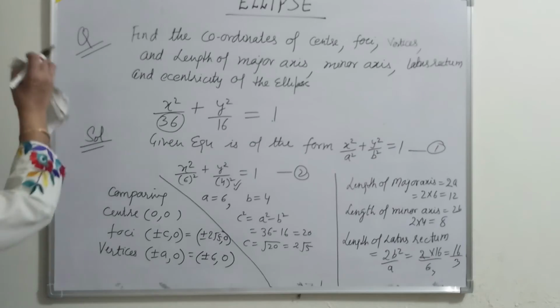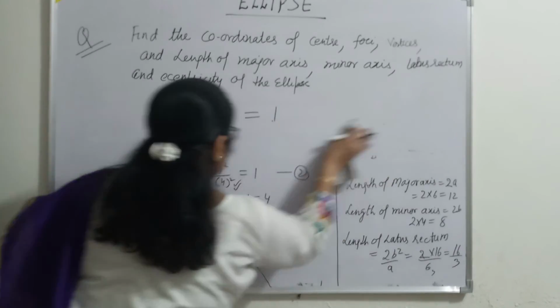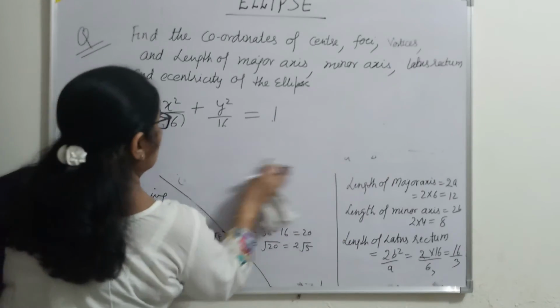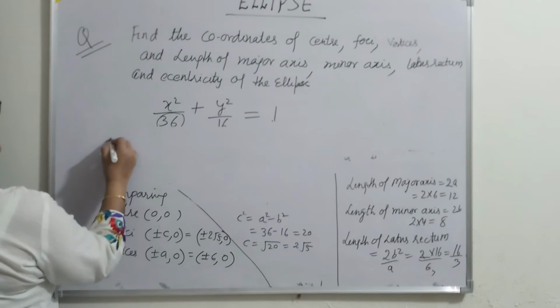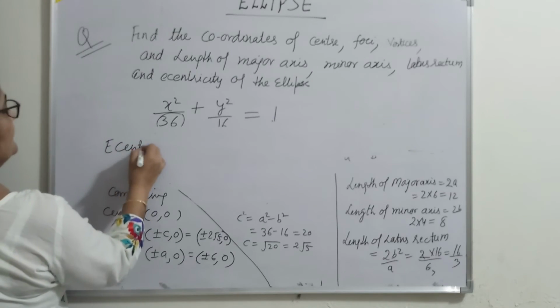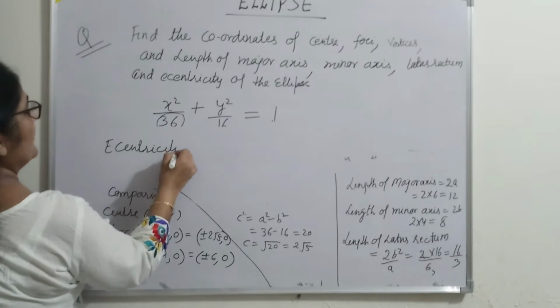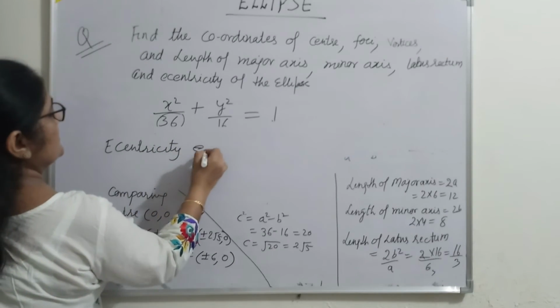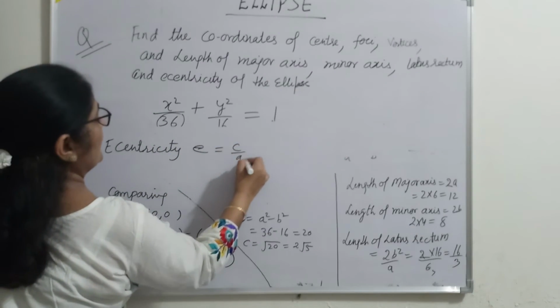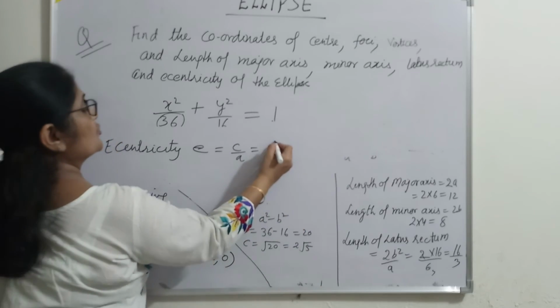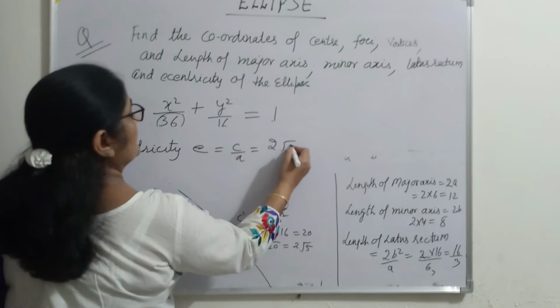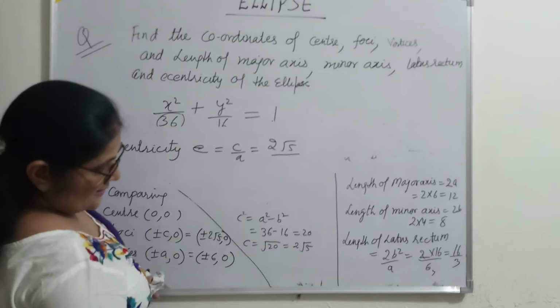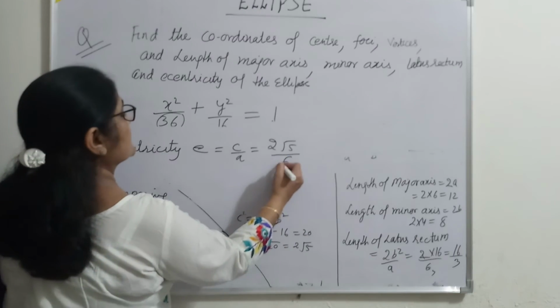Now what is the remaining term? The term is eccentricity. Eccentricity of the ellipse, e, is c upon a. What is c? C is 2 root 5. What is a? A is 6.